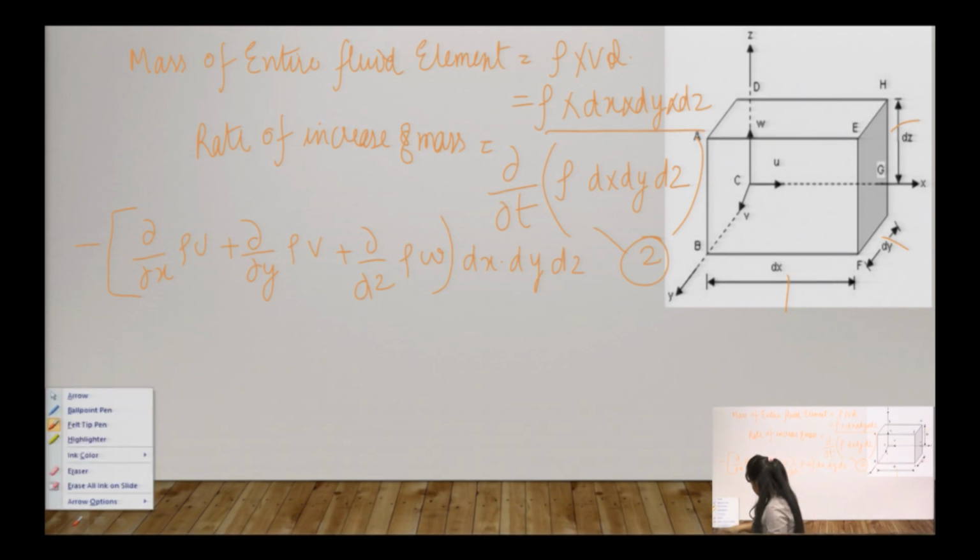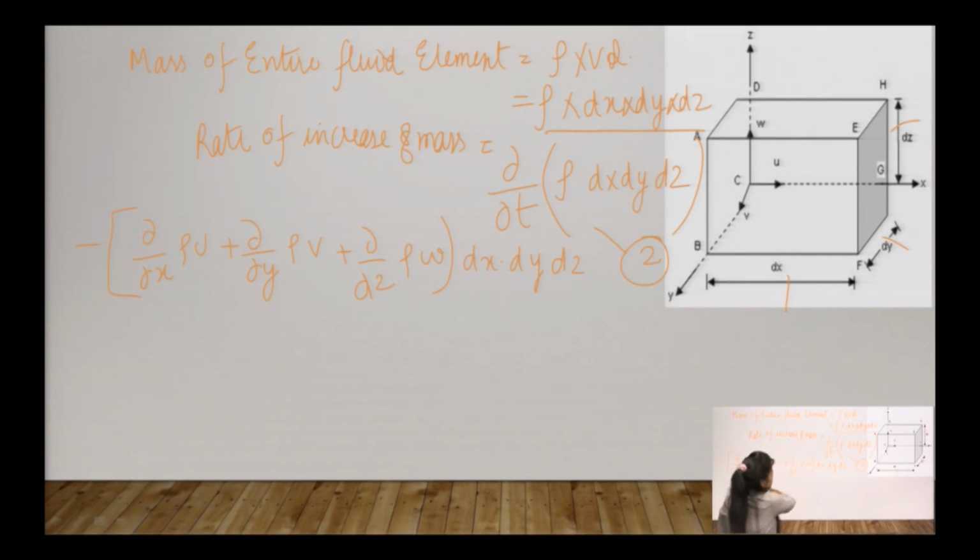Let me take another color so that the difference can be made. This was equation 1 and this is equation 2. We are equating equation 1 and this as 2, where you can see dx, dy and dz is common, and hence this term will get cancelled.